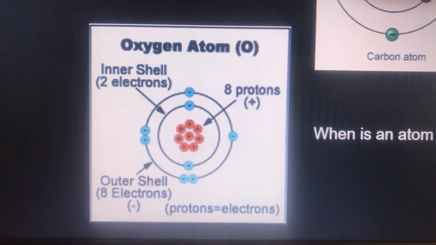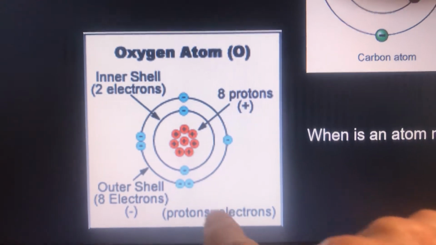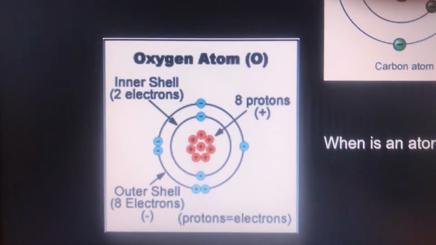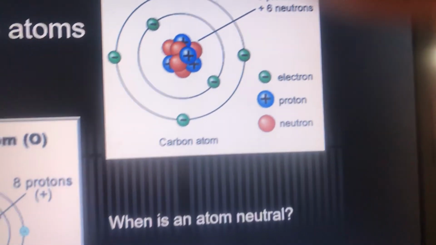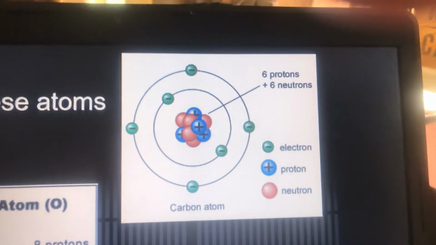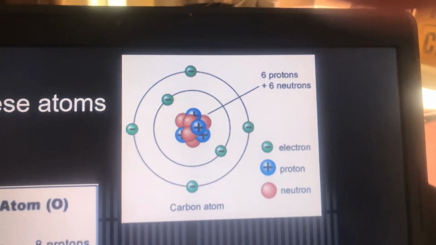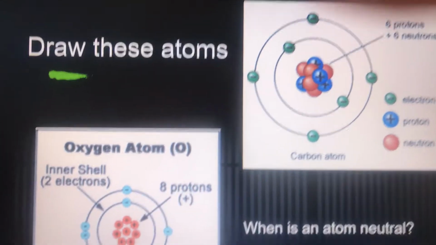In this case, because the protons and the electrons are equal, there is no electrical charge, so nothing really can happen. It's neutral. When protons and electrons are equal in number, it's a neutral charge.